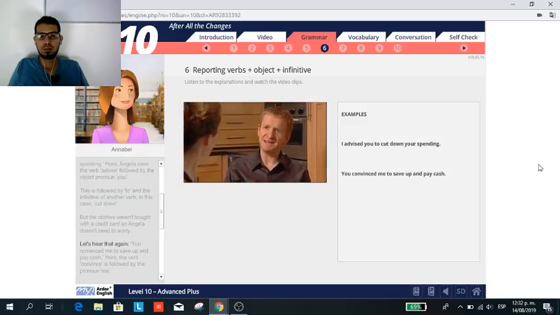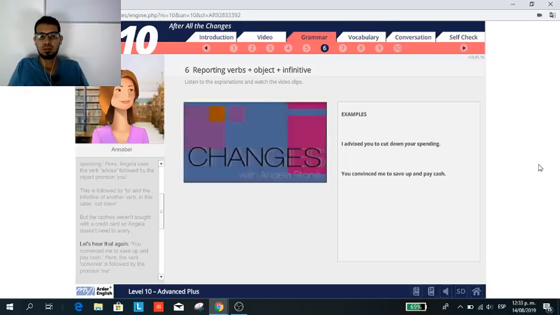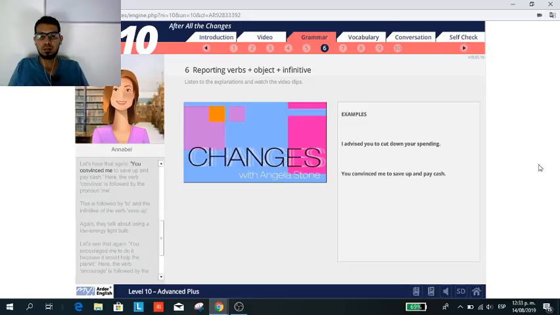But the clothes weren't bought with a credit card, so Angela doesn't need to worry. Let's hear that again. You convinced me to save up and pay cash. Here, the verb convince is followed by the pronoun me. This is followed by to and the infinitive of the verb save up.